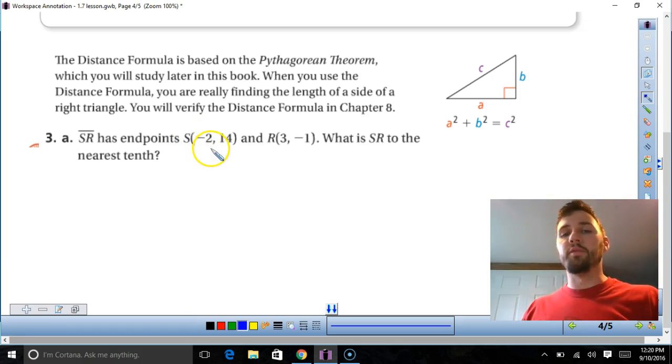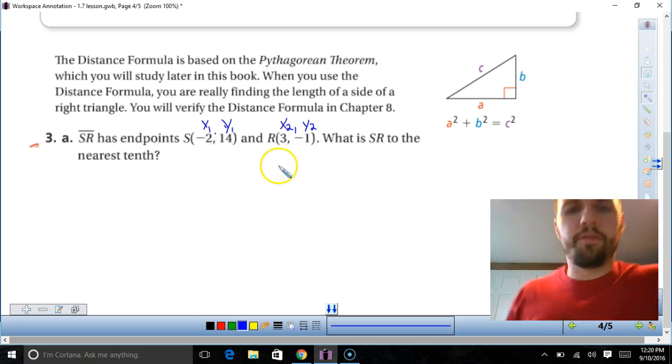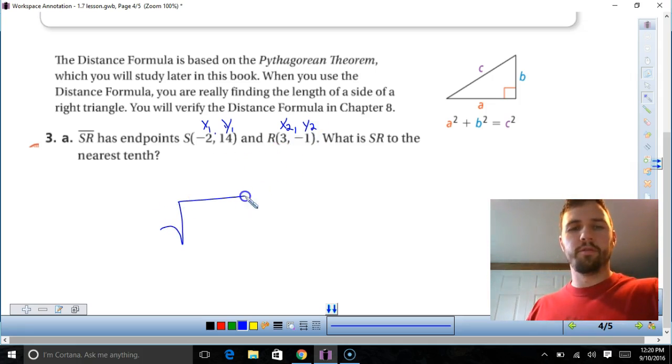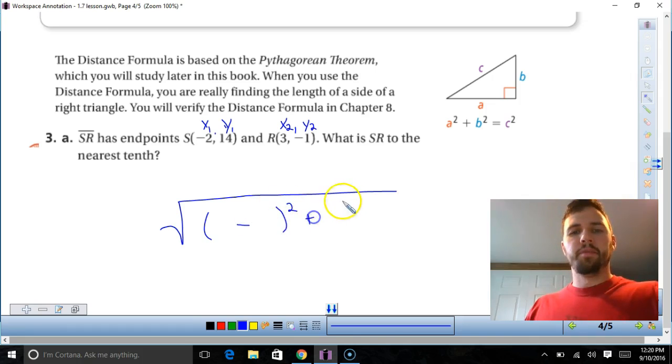So we're given endpoints and we want to find the length of it to the nearest 10th. So I'm going to make this x1, y1, and x2, y2. So I'm going to use my formula: square root of something minus something squared plus something minus something squared.